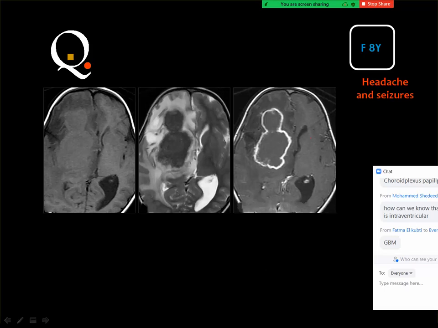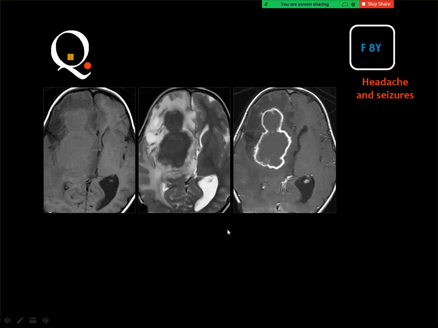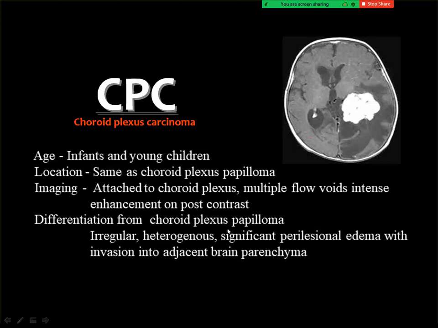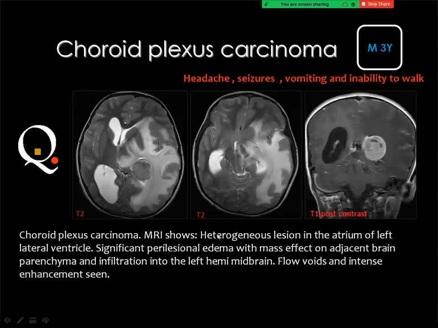I explained in detail in my lecture how you can judge that the lesion is inside the ventricle. And I mentioned that by the nature of the lesion and by the shape of the lesion and by absence of perifocal edema, and the lesion, whenever it grows, it will have the same configuration of the ventricle.